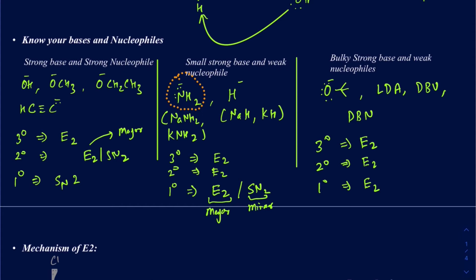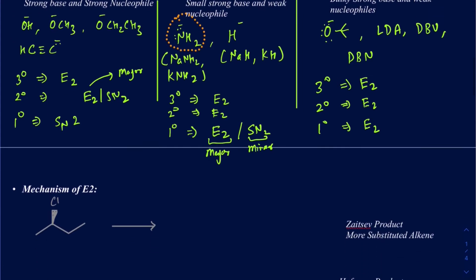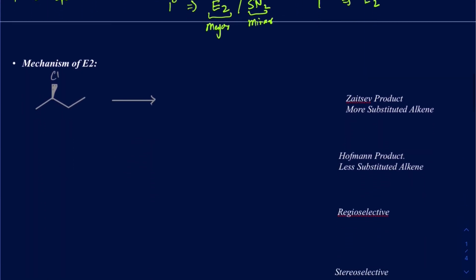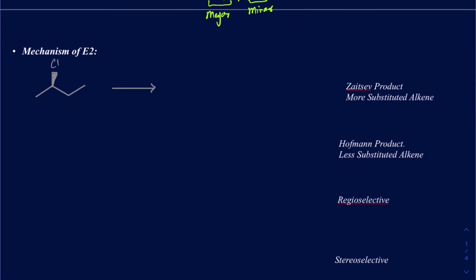Now, we talked about these small bases and these big bases, and they play an important role in what kind of product you're really going to get at the end of the day. So let's talk more about the mechanism. Suppose I get this reactant here, and I'm trying to run an E2 mechanism on it, and I'm going to be picking up two types of bases.